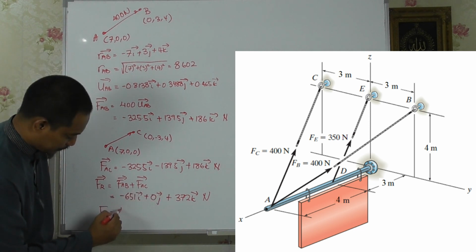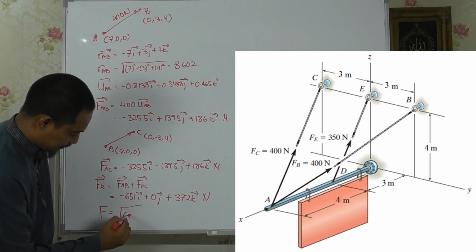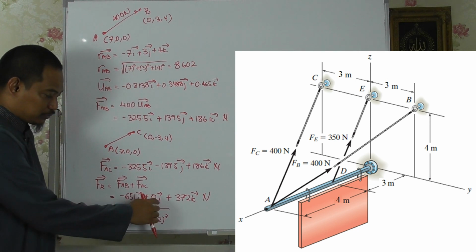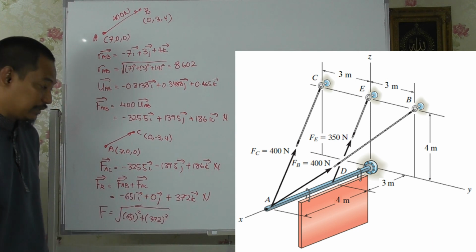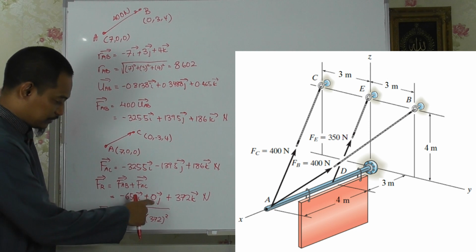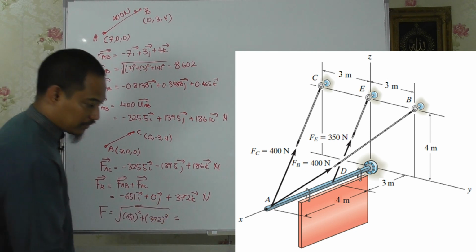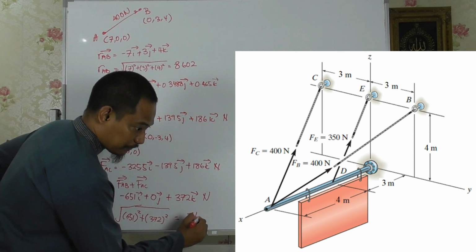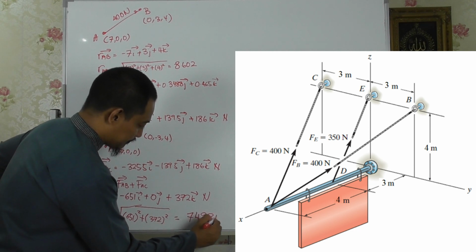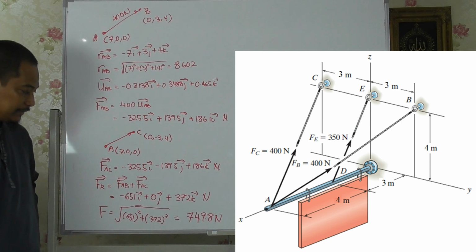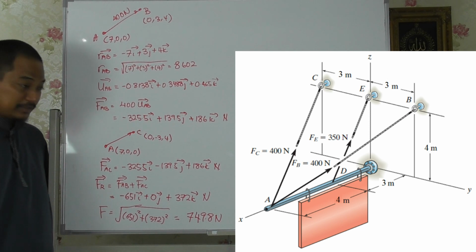You take the square root of 651 squared plus 372 squared, actually plus 0 squared, meaning if you want to write it in full, this squared plus this squared plus this squared. When you calculate, you will get 749.8 Newton.